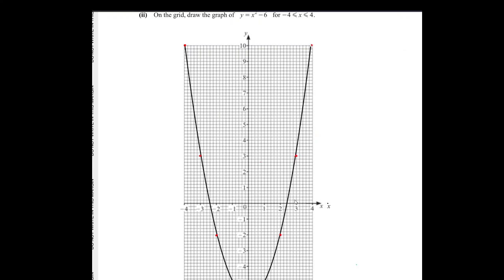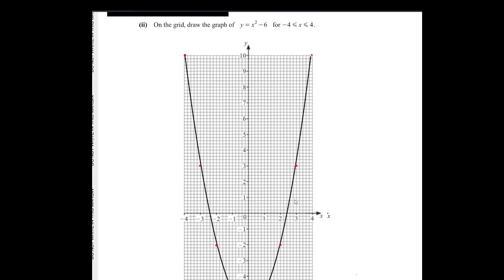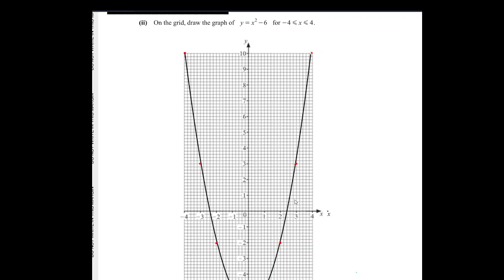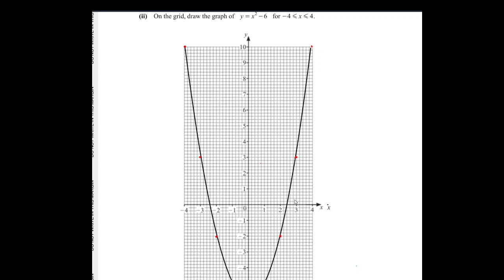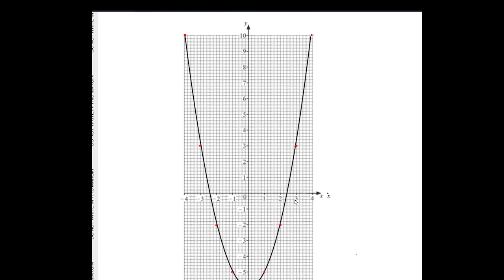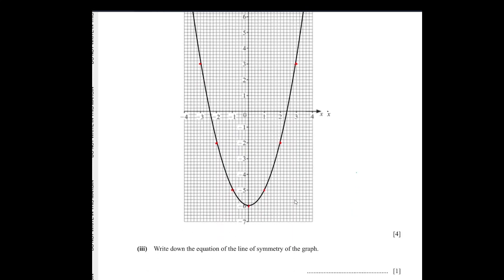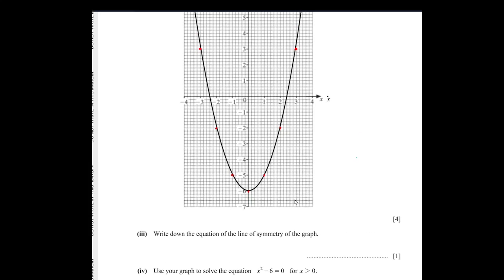On the grid, draw the graph of y = x² - 6 for -4 ≤ x ≤ 4. For this I have already done it, students, on the other app, and I made the video. I'll put the video in the description. You can go through it, and this is the graph I have got after marking the points.